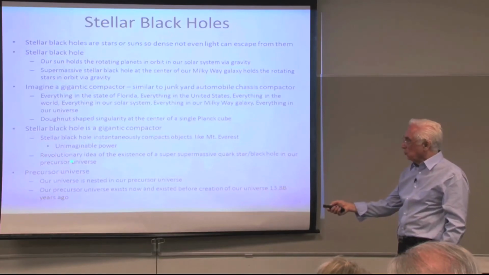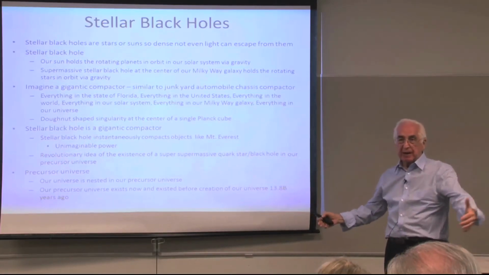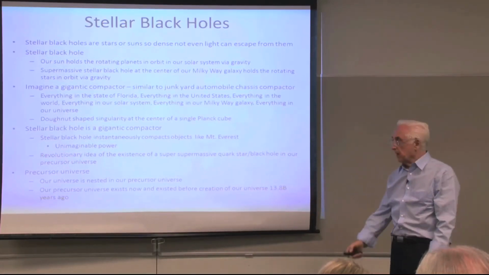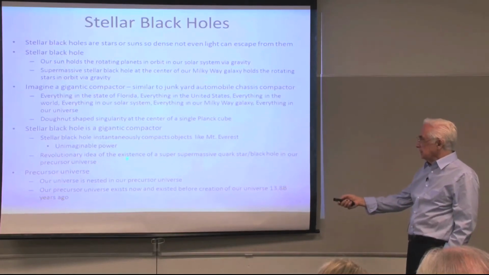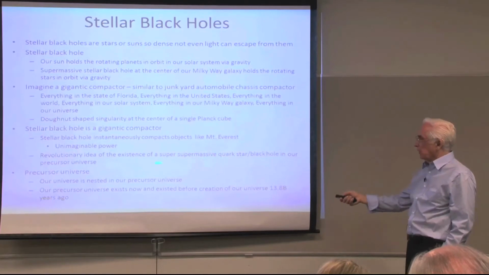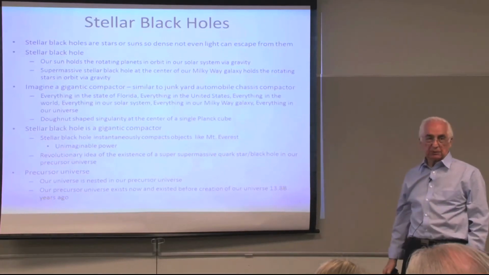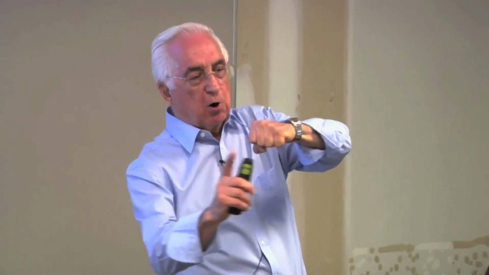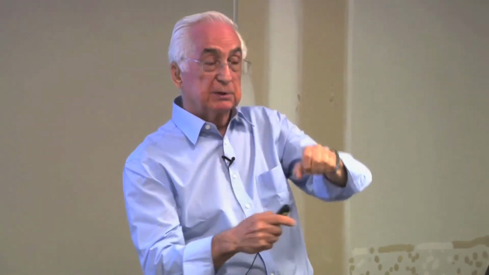Now, what is revolutionary about that gigantic compactor that I just described is the existence of a supermassive quark star matter black hole in our precursor universe. At the beginning of the presentation, I showed you a sketch of our universe, which was part of a precursor universe, which was a subset of the gumball, and then the entire gumball machine was the super universe.